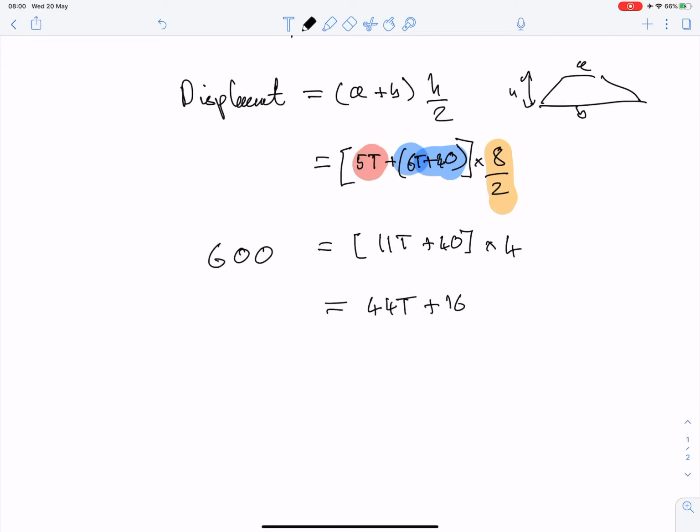I will just stick to our usual routine. So expand the bracket. 600 minus 160 is 440. Well, that couldn't be nicer. Over 40 times 44t. So t equals 440 over 44, which is 10 seconds.